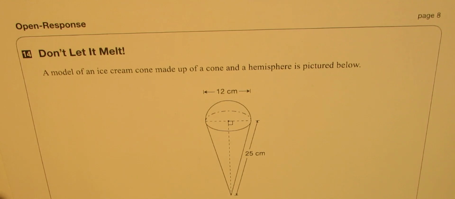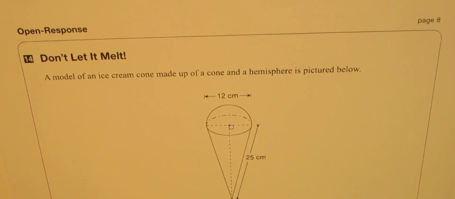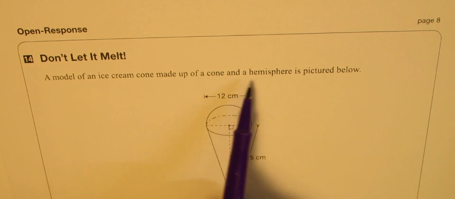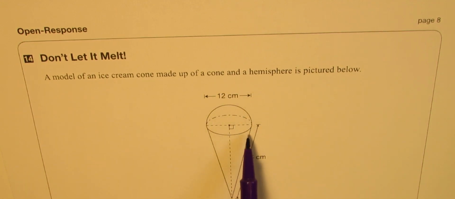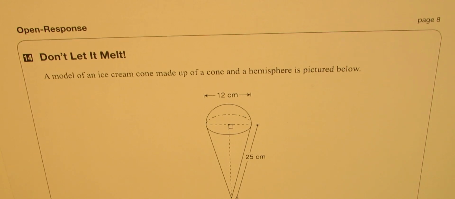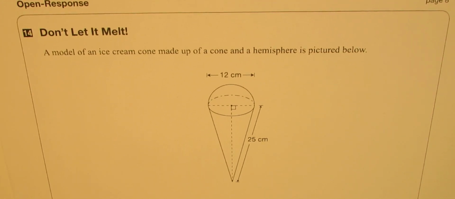So the question here is an open response type of question which says "Don't let it melt." A model of an ice cream cone made up of a cone and a hemisphere is pictured below. So that's the hemisphere on a cone. Now it says the total surface area of the model will be painted at a cost of $0.0035 per centimeter square.